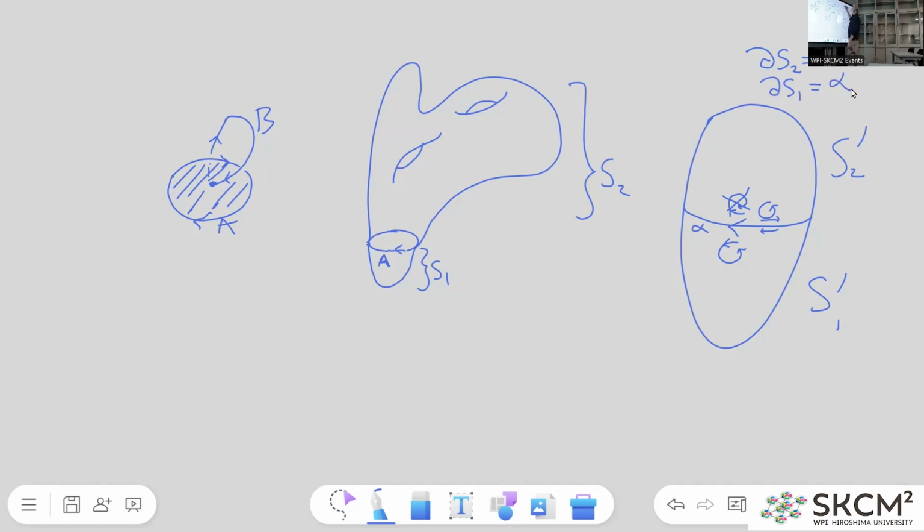And so if I can think algebraically, S1 plus S2, the boundary of that is going to be equal to 0 by my algebraic convention about canceling boundaries if they go in the opposite direction. So this is the natural way to think about adding things together algebraically so that when you have boundaries between them, you might want them to cancel.